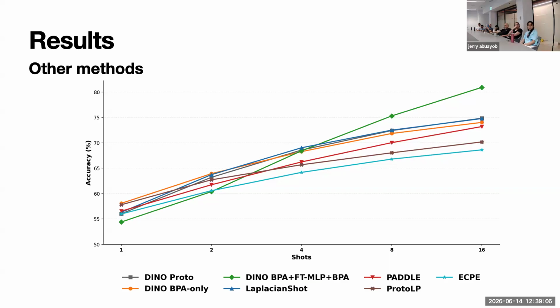Proto LP is a nice algorithm. It solves an assignment problem using optimal transport as well, and it models the set as a graph, and it does soft assignment on those samples.